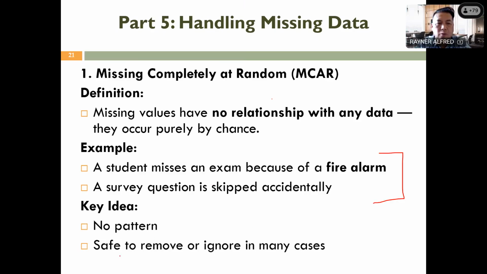So the best thing is to remove or ignore in many cases. Means you will delete the column or you will delete the row, because there is no way you can make up or replace the value, right? So we don't want to have a missing value here. Okay, so this is missing completely at random.